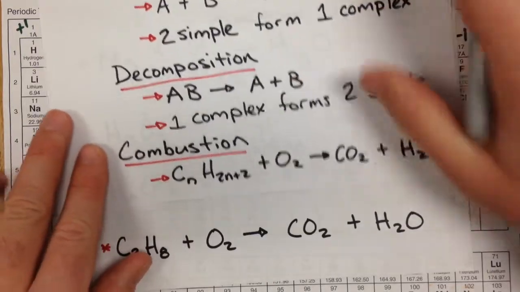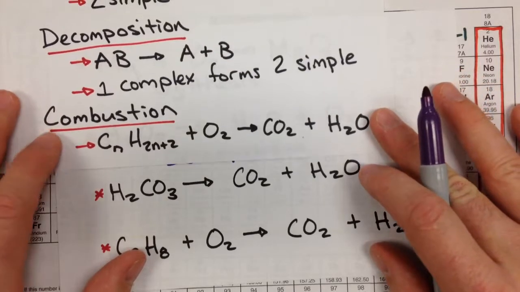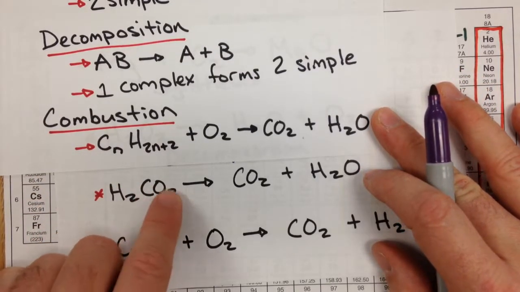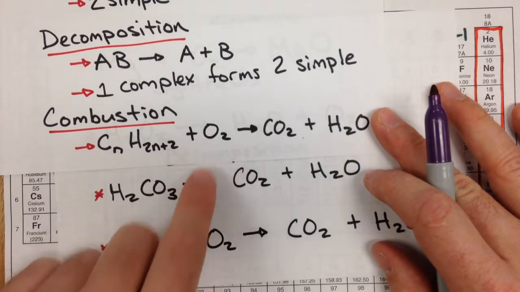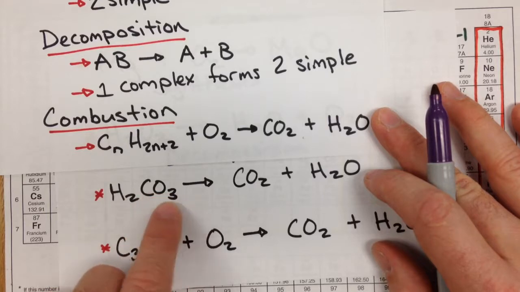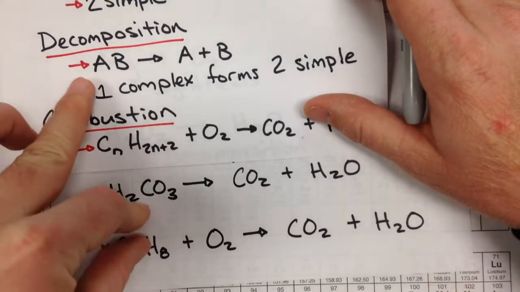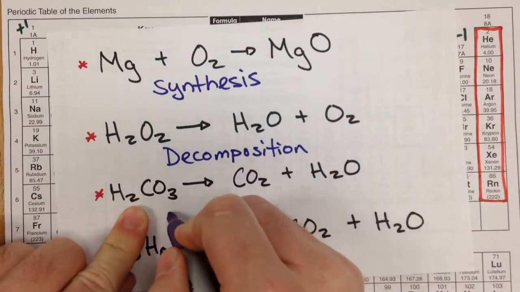Well, in this example here, if I stack them on top of each other, combustion looks very similar to this reaction, but we are missing out on that combines with oxygen. We don't have a plus O2. So that eliminates combustion from being a possibility for this reaction type. It is just simply decomposition. So we have another decomposition reaction here.